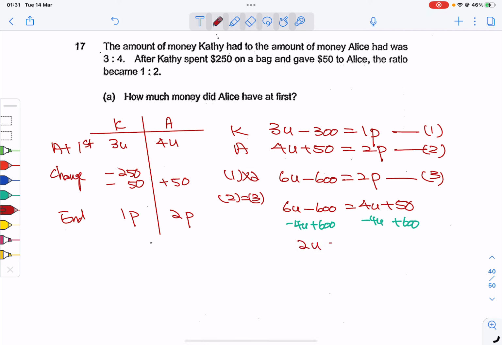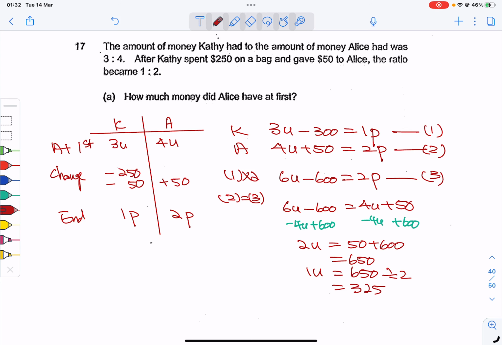So 2 units will be 50 plus 600, which is 650. So 1 unit is 650 divided by 2, which is 325.